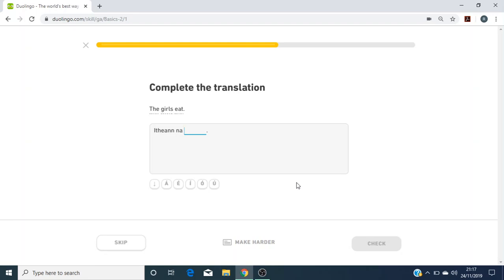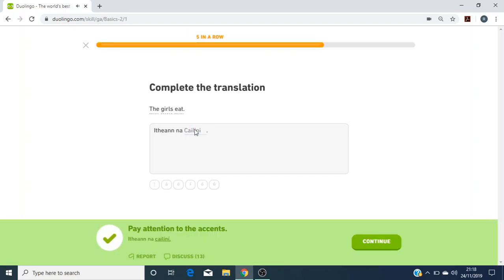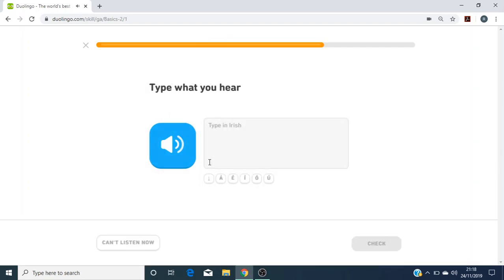Ithean na cailíní. I'm going to just check that, girls. Na cailíní. There's only one L though. Na cailíní. Oh, and there's accents on the last two I's. Léimid.